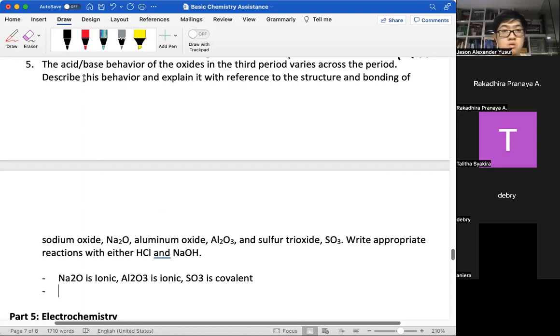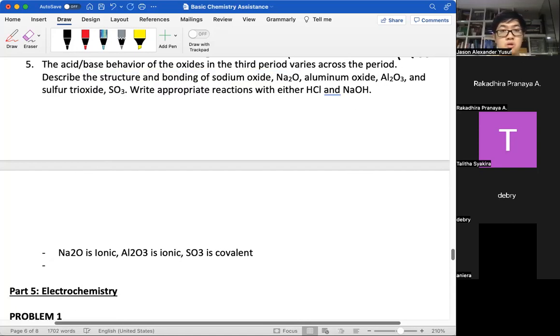Wait, let me just erase this because it's going to be complicated if I make it like this. Describe the structure and bonding of sodium oxide. And for your information, metals that are in group 1 and group 2 tend to be basic.